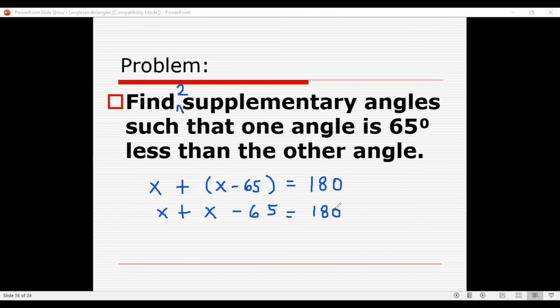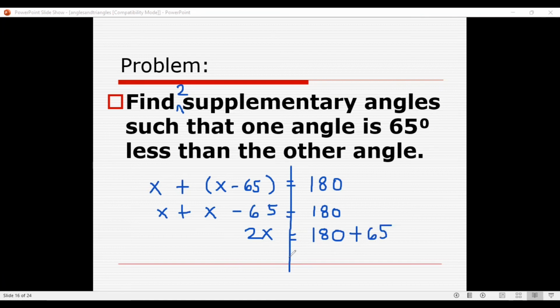Combine the x's: x plus x is equal to 2x. And since we want to solve this working backwards with the equation, the minus 65 becomes plus 65 on the other side of the equation.